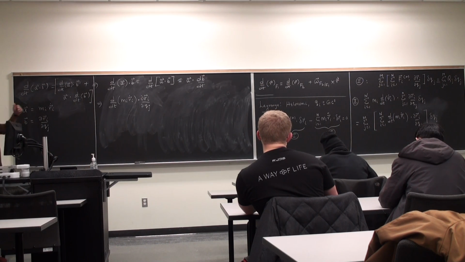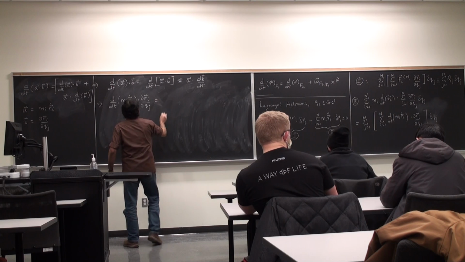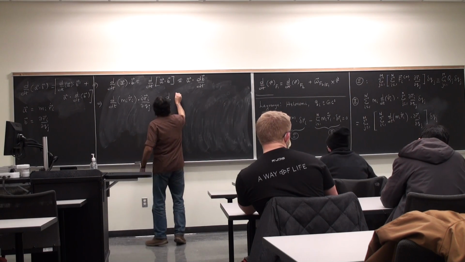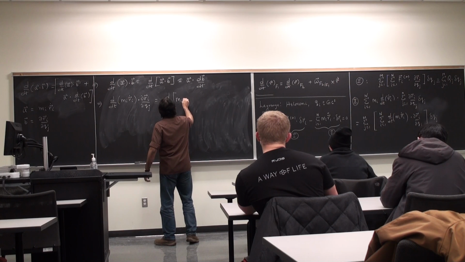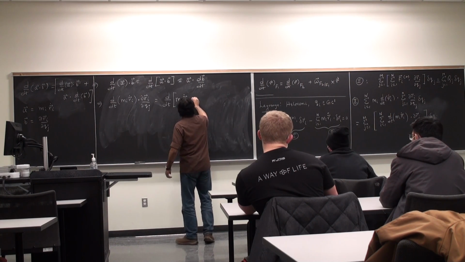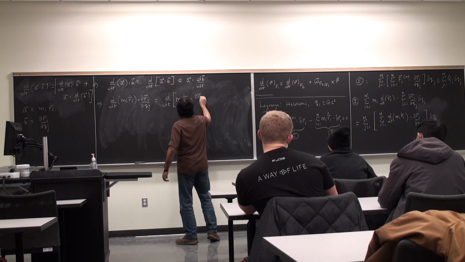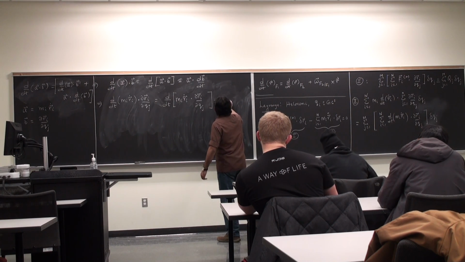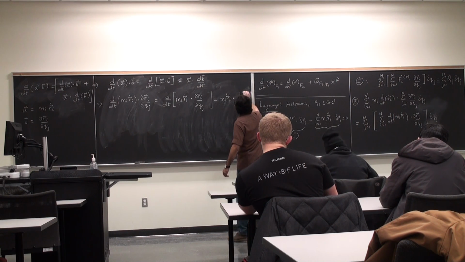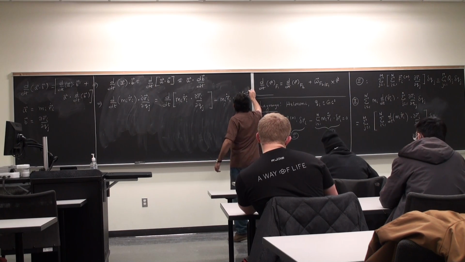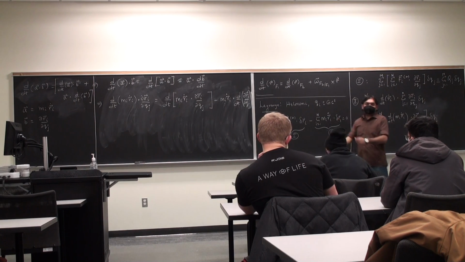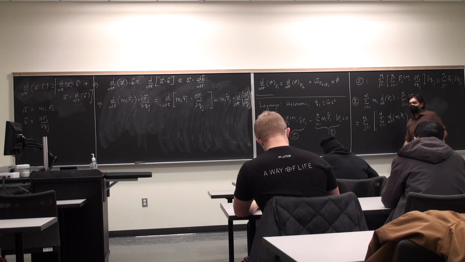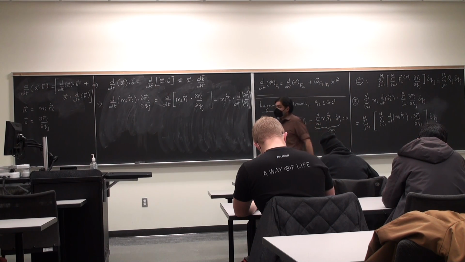Okay, this is equal to d by dt of m_i R_i dot dotted with del R_i by del q_j, minus the other term. Things are going to start taking shape very soon.